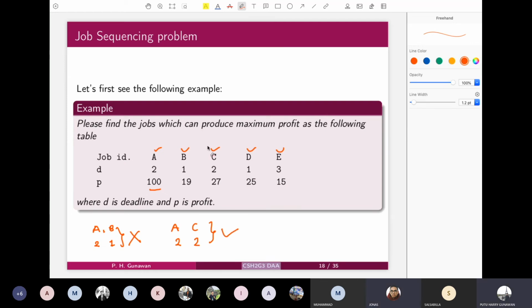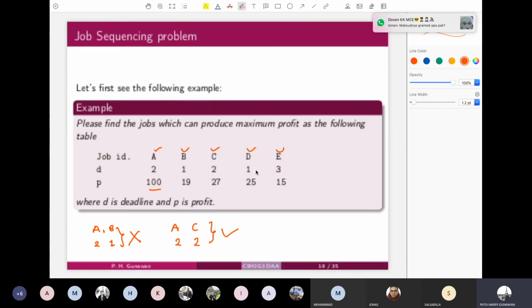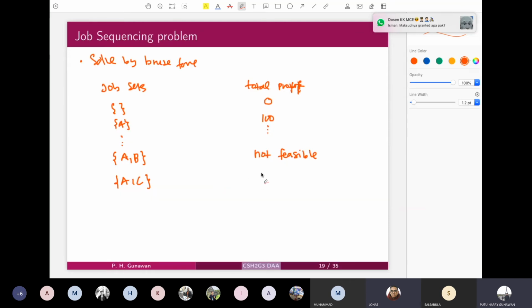I think I can solve both, since they have similar deadlines. So this is possible, and the profit is 127.